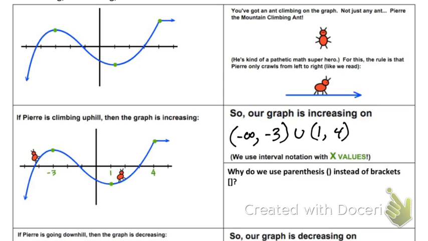But why do we use parentheses instead of brackets? One of the easiest ways to look at that is, am I moving forward or backwards right now? Neither. You don't know which way I'm going until I take a step. So at negative 3, when Pierre gets to the top of the hill, he is no longer going up, nor is he going down.